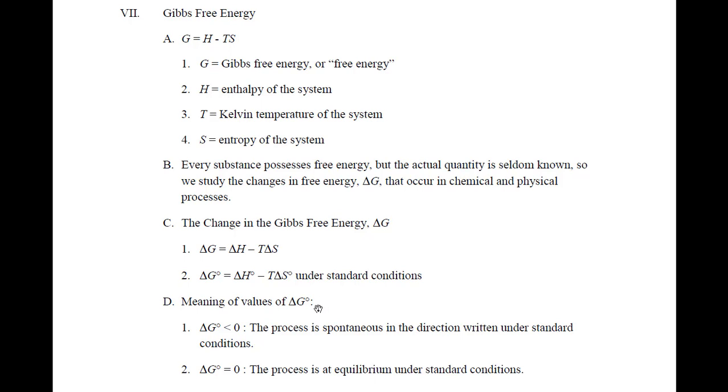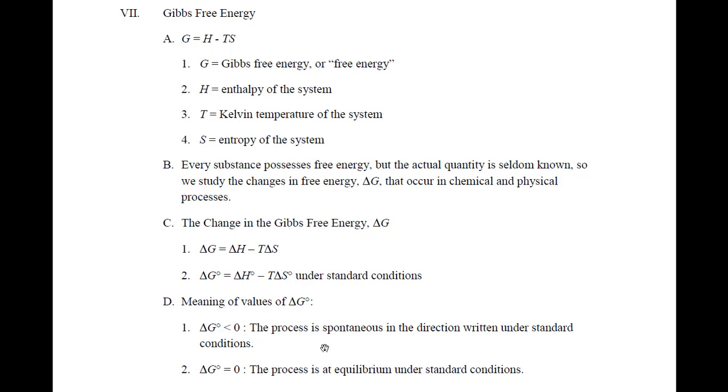So what it means then is if you have a standard Gibbs free energy value that is negative, therefore less than 0, that process is spontaneous in the direction written under standard conditions at that specific Kelvin temperature. It is very specific to that temperature. If you have a value that somehow actually just equaled 0, then it's neither spontaneous nor non-spontaneous because it's at equilibrium.